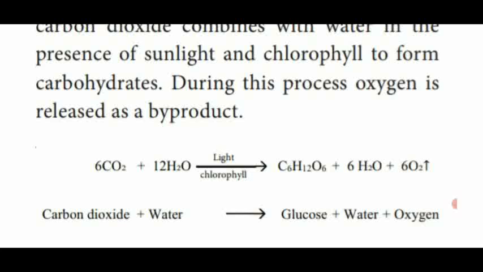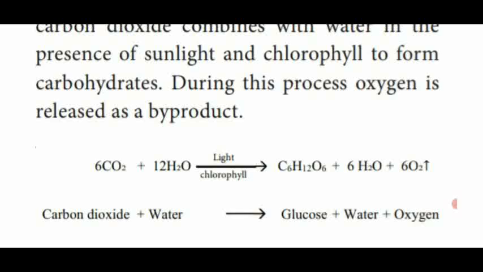That is, plants take carbon dioxide from the atmosphere and water from the soil, in the presence of sunlight and the chlorophyll pigment present in the chloroplast. They prepare the food material called carbohydrate or glucose and liberate water molecules and oxygen.